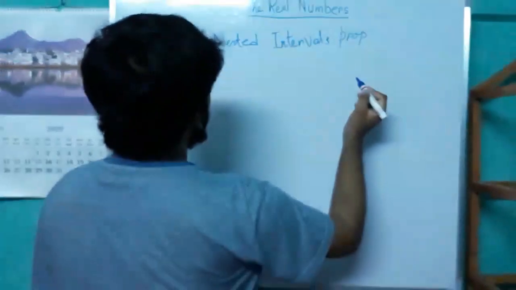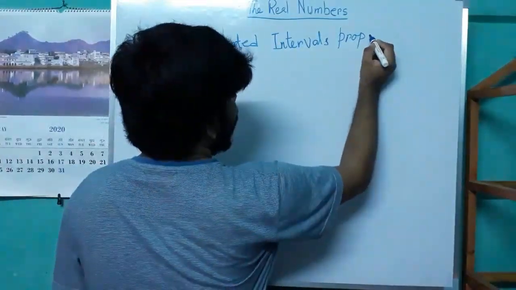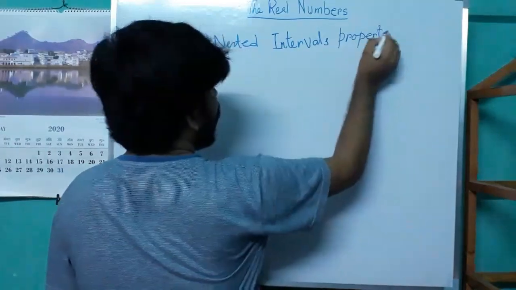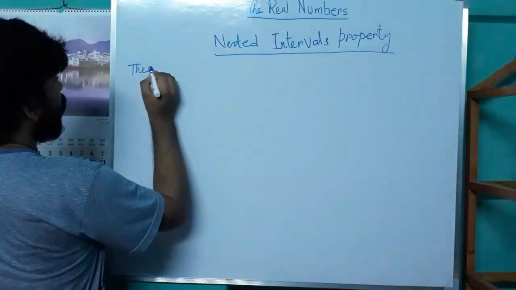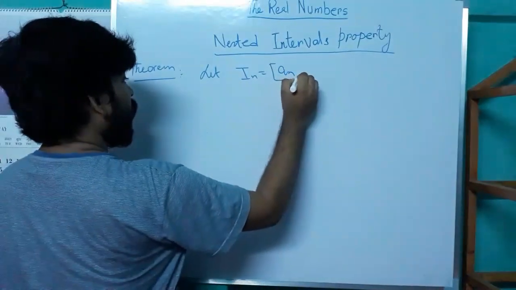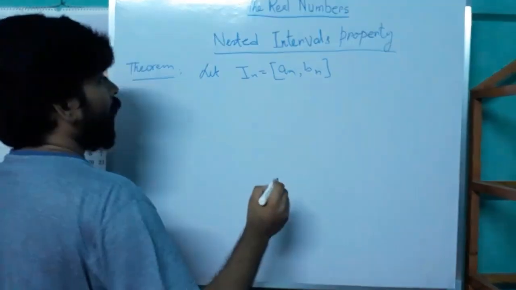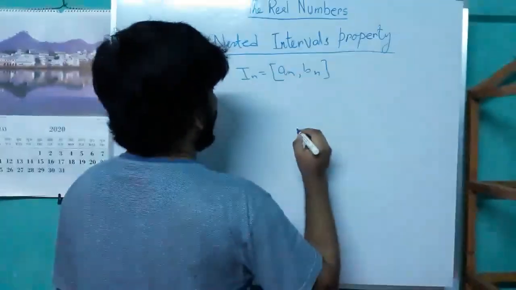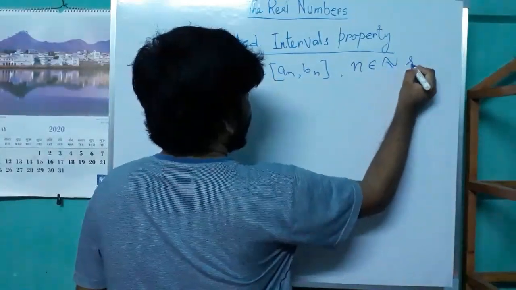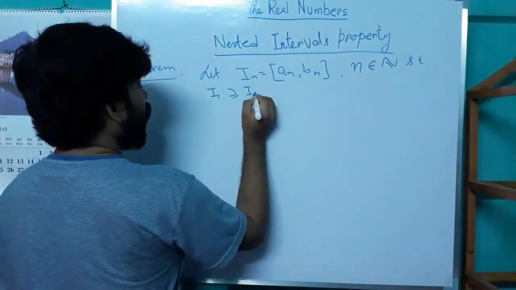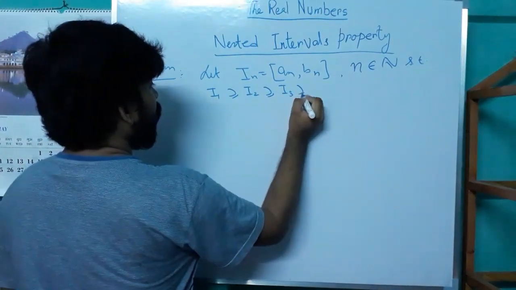Okay, so next we discuss the nested intervals property. Theorem. Let In be the collection of closed bounded intervals such that I1 is a superset of I2, superset of I3, and so on.